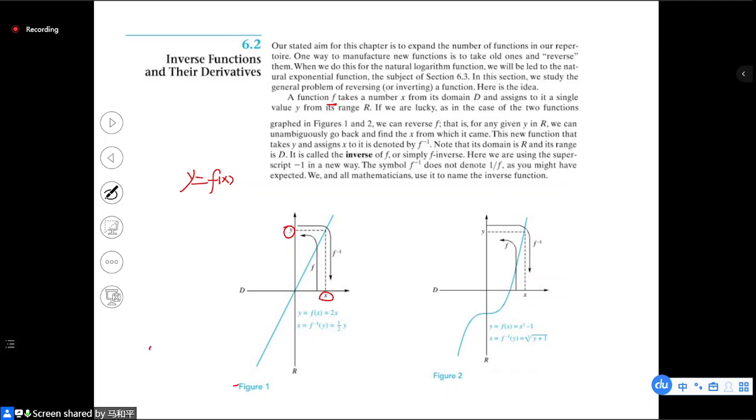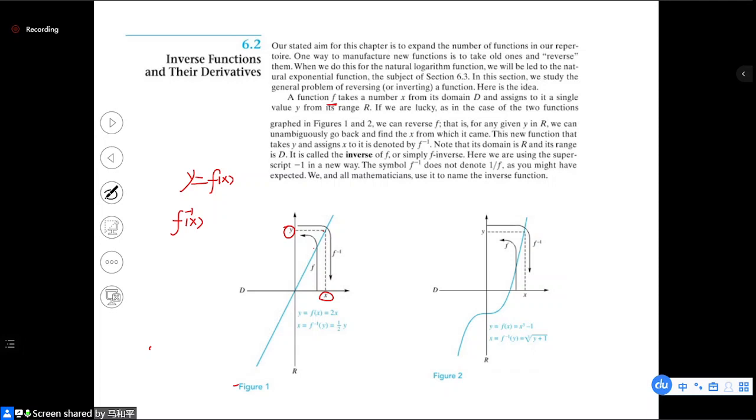But if we input y, this means we choose a number y from its range, and here we can produce x. This new function that takes y and assigns x to it is denoted by f inverse.